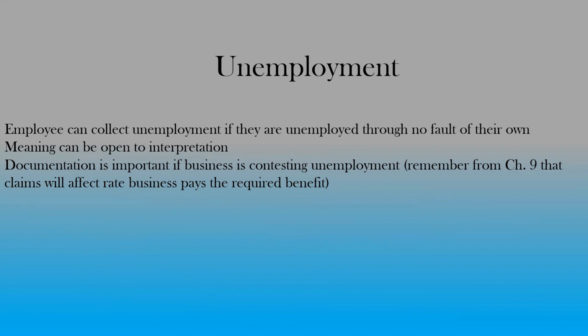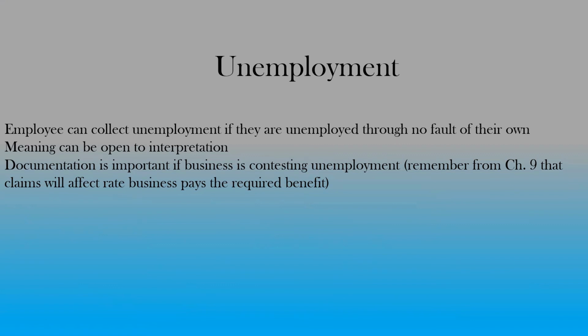The documentation is important because, if you remember, we talked about it last chapter in chapter 9. If you have unemployment claims, it affects the rate that you pay for unemployment insurance.